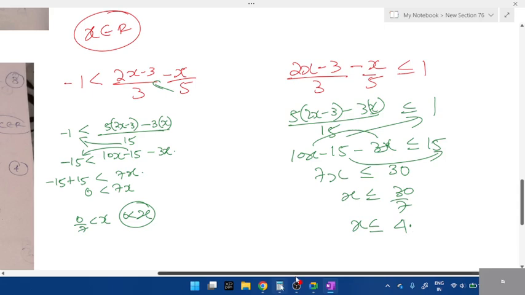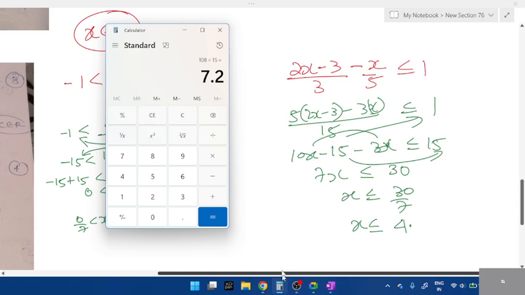What's the answer? 4.7. What did you get? 4.28.